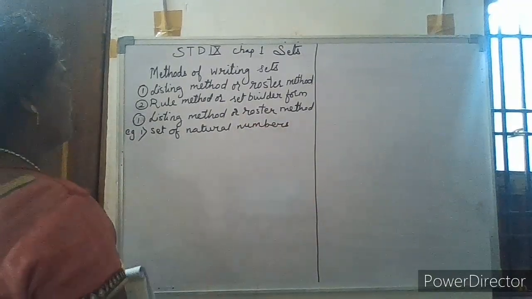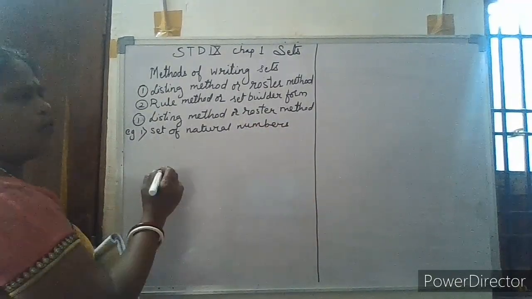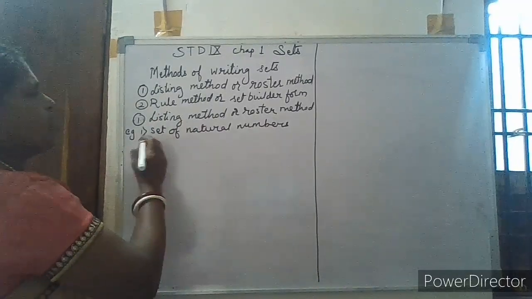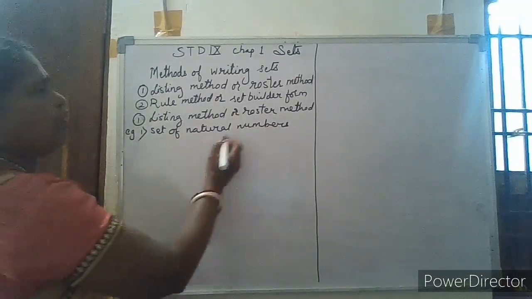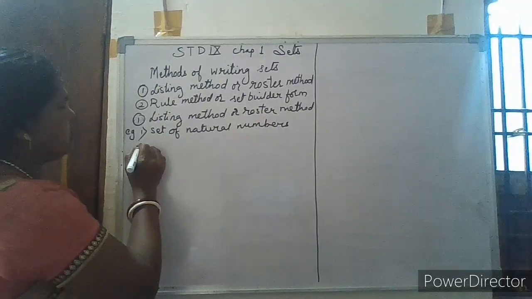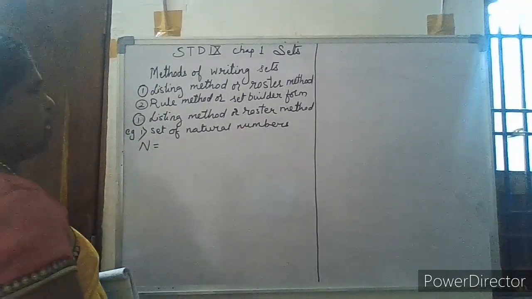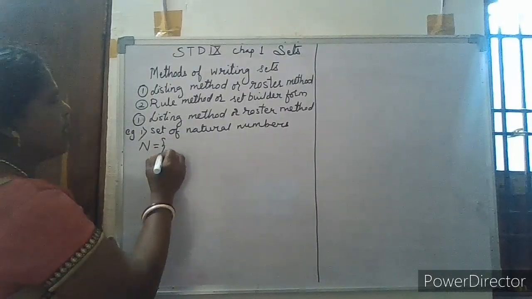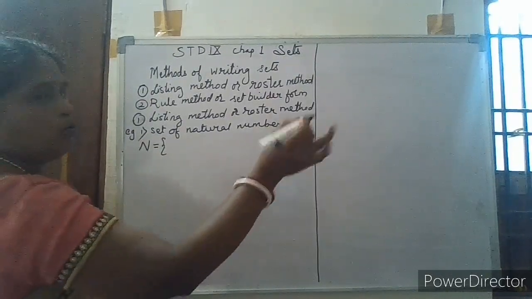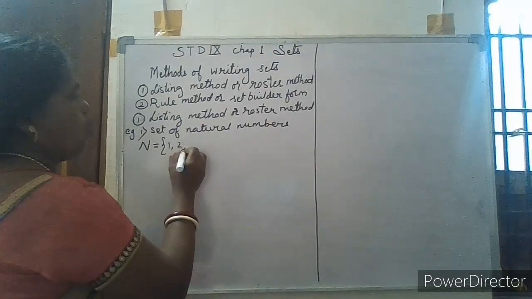In the previous video, I already taught you how to write sets. So, here, when I talk about natural numbers, always the set name must be given with a capital letter N, natural numbers. You know that natural numbers are 1, 2, 3, 4, 5, 6 and so on.